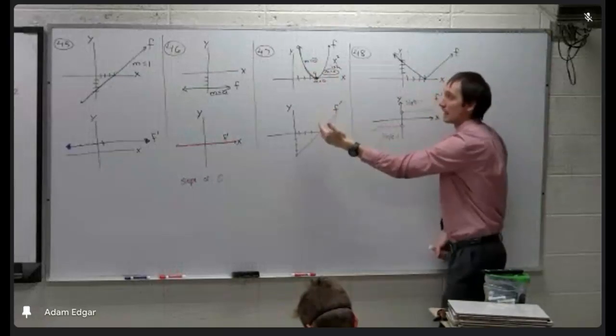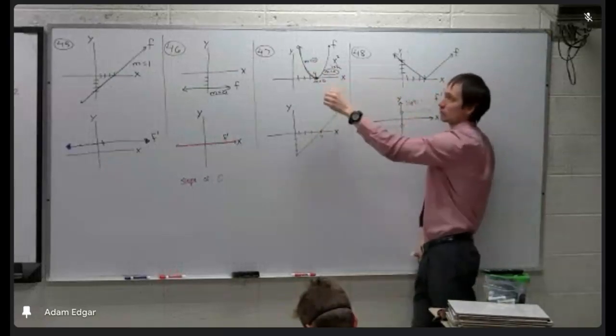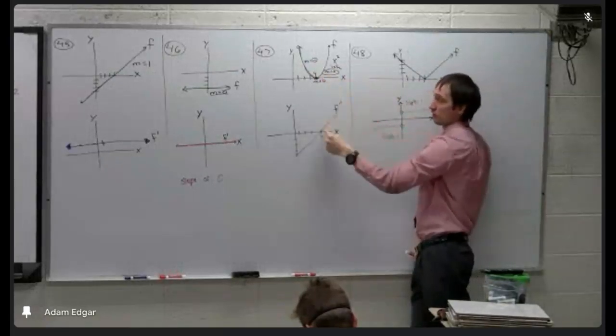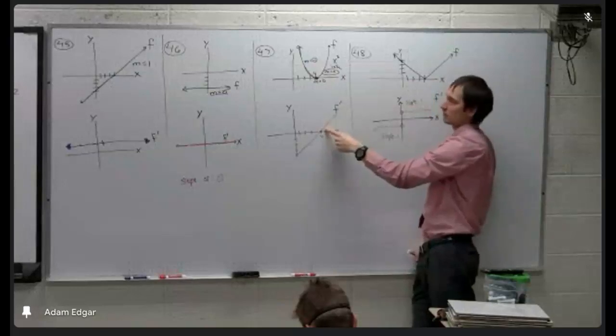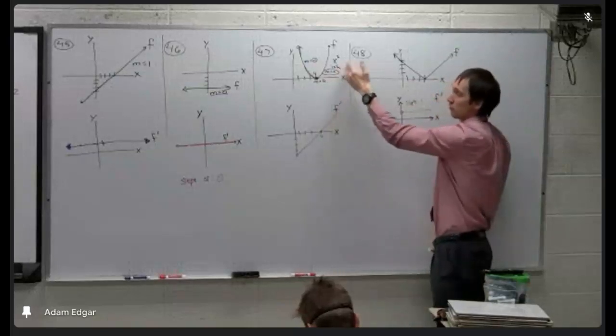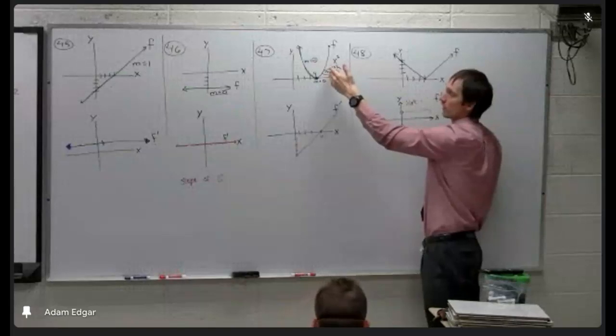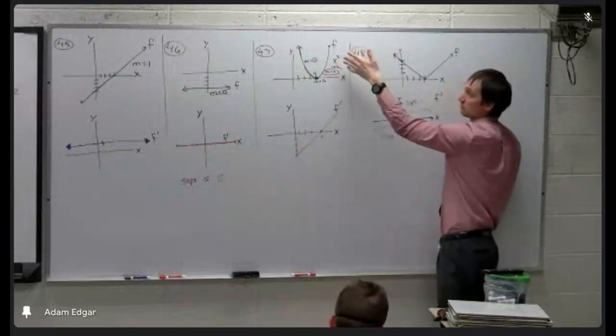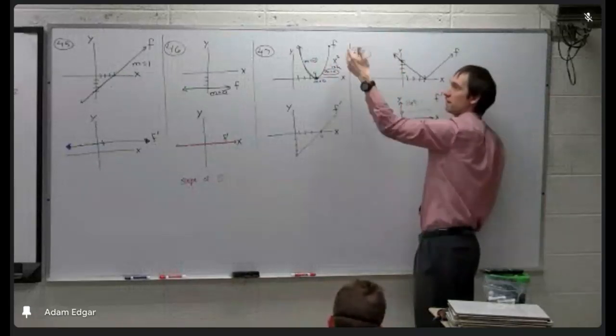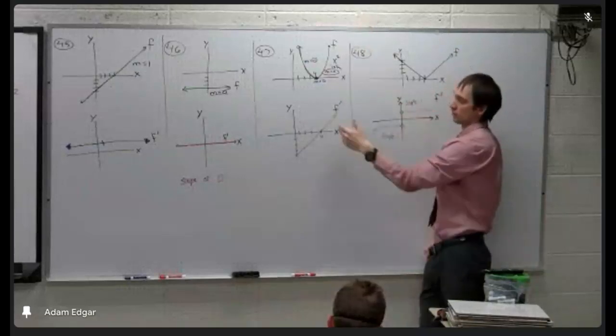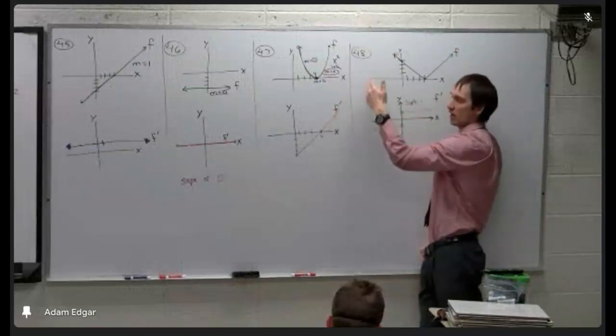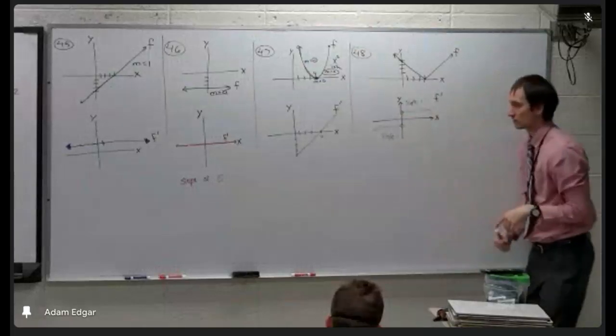And then to the right of x equals 4, now the slope is a little bit positive, so your derivative is a little bit above the x-axis. And as you move further to the right, the slope gets more and more steep positively, so you're going up at a faster and faster rate, and so the derivative gets higher and higher above the x-axis.